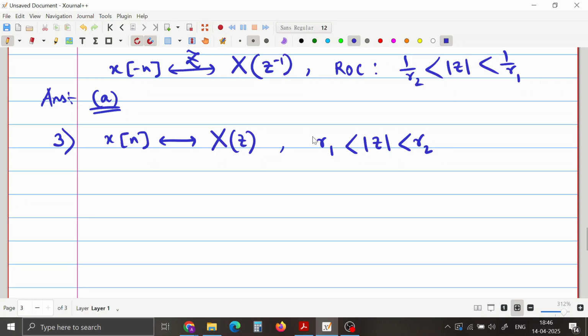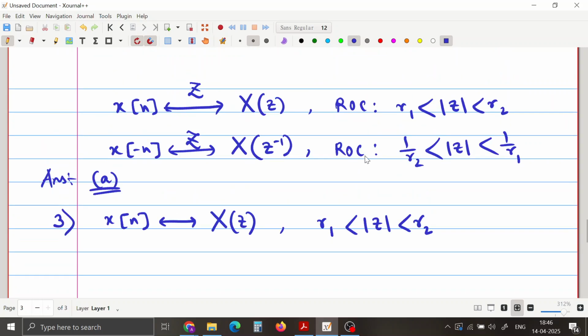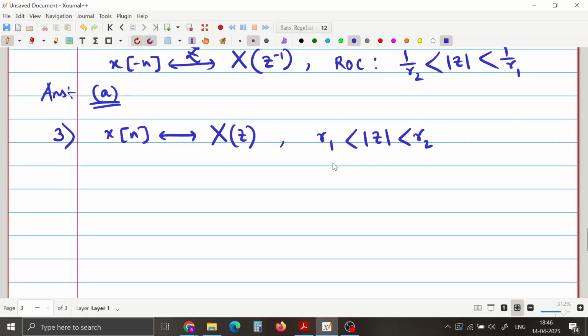And consider that both r1 and r2 are non-negative, and greater than 0, because they cannot be 0. If they are 0, then in the previous example also we can't really take their reciprocals, because the reciprocal of 0 becomes undefined. So that's why I need that assumption. So let's keep that assumption.